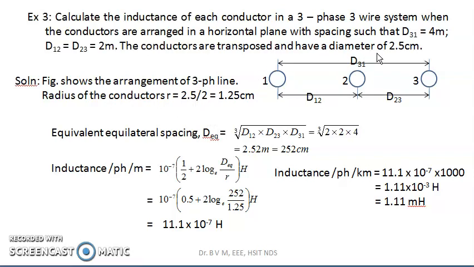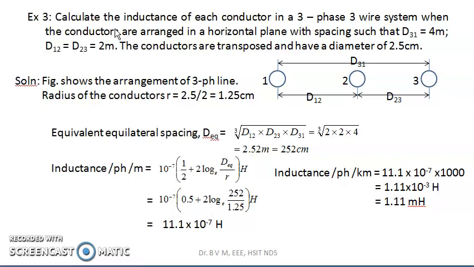Diameter of the conductor is 2.5 centimeter, so we get 1.25 centimeter. Substituting D equivalent as 252 centimeter and R as 1.25 centimeter, we get 11.1 into 10 raised to minus 7 henries per meter.